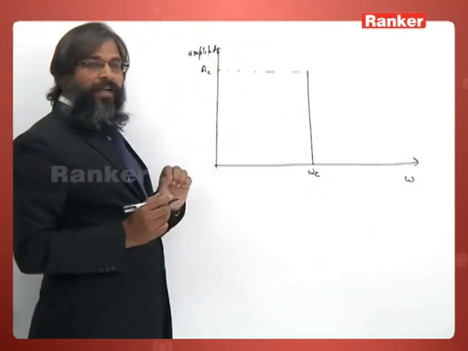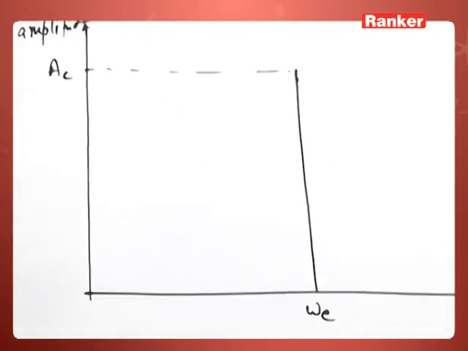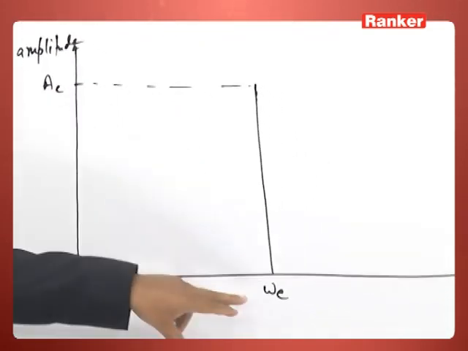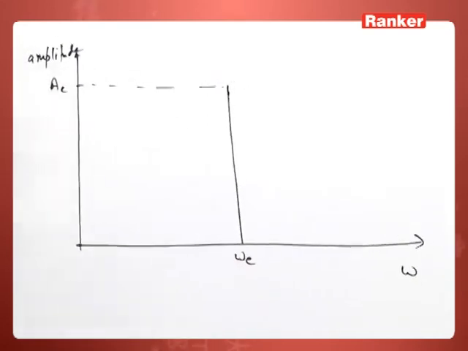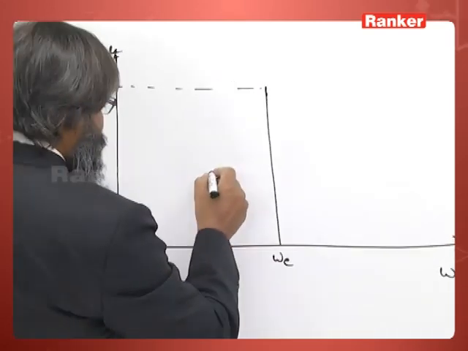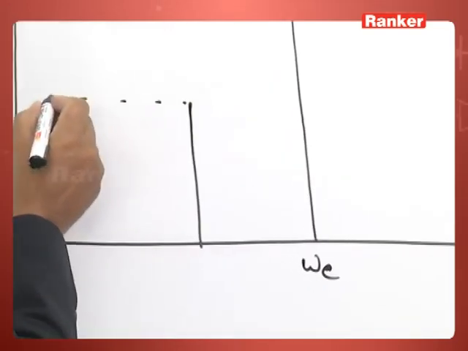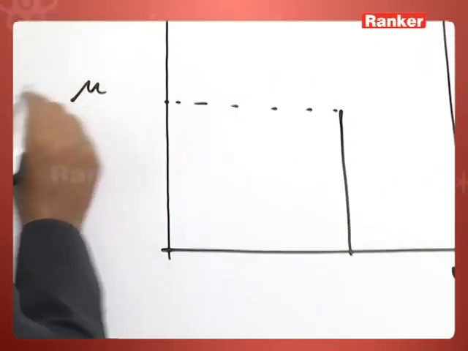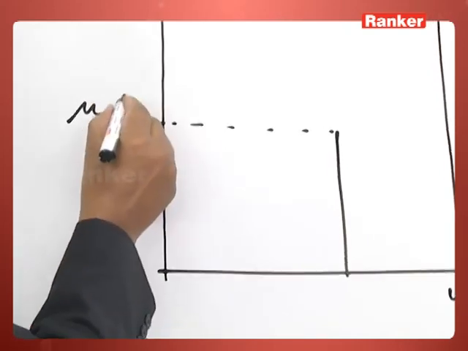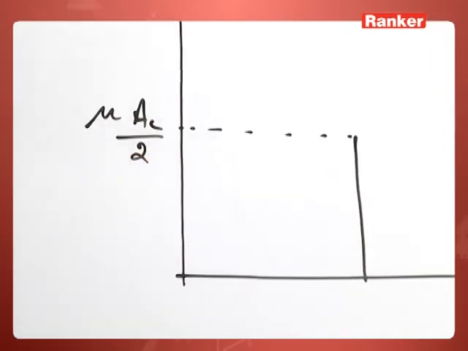So in the amplitude modulated carrier wave, the carrier wave will have the amplitude A_C, and then the side bands will have amplitude mu A_C by 2.